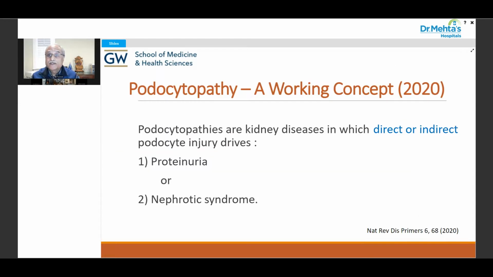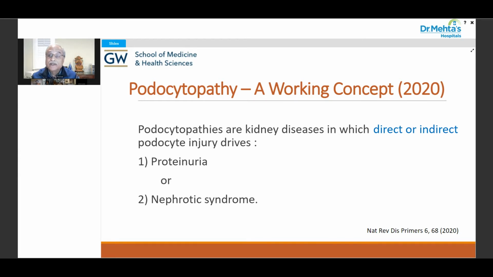A working concept of podocytopathy: I really like this definition by my good friend Jeffrey Kopp from NIH, who published this in the summer of this year. He describes podocytopathies as kidney diseases with direct or indirect podocyte injury, which drives either proteinuria or nephrotic syndrome, which is what a very rough definition of podocytopathy should be.